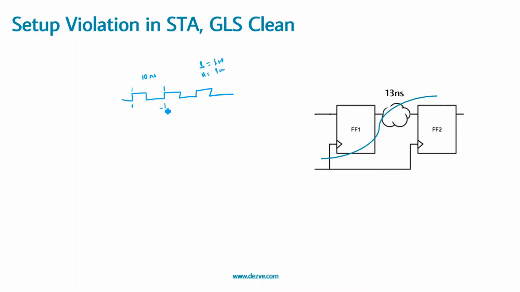So there should not be any allowed change within this duration, correct? Now if I say my launch to this particular D pin delay, or data arrival time, is 13. If this is 10, then this is 9, this is 11, and 13 is somewhere here. So my change is arriving here, correct?